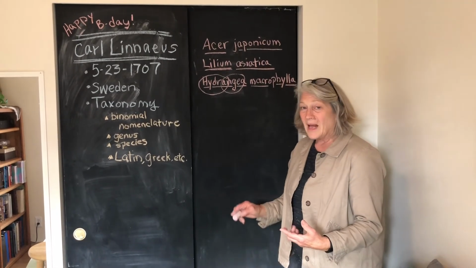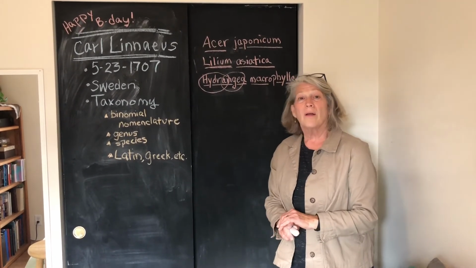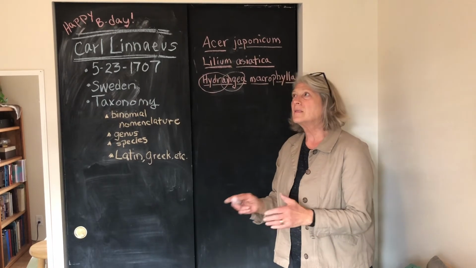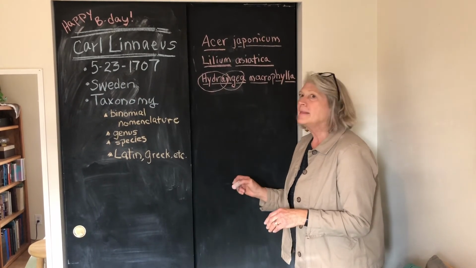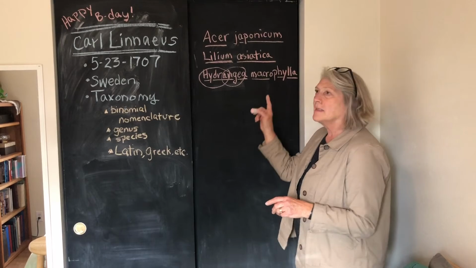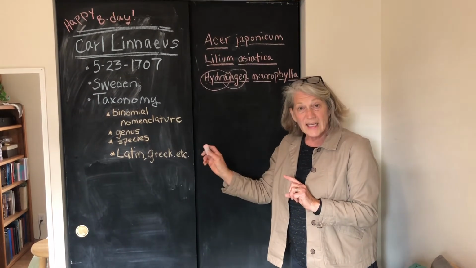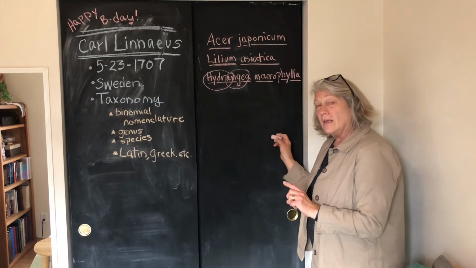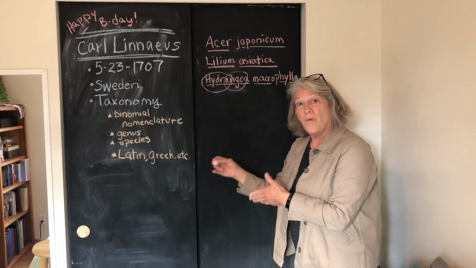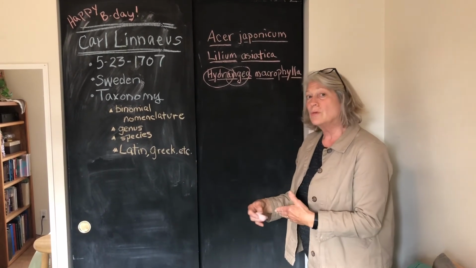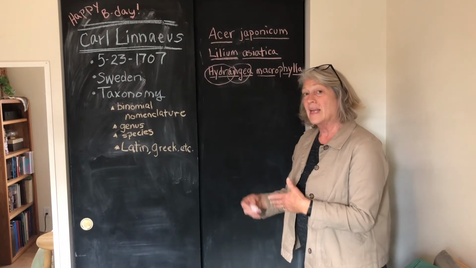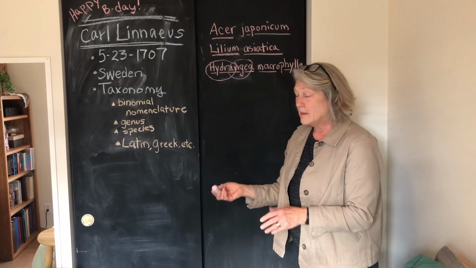It also might help you figure out where they would grow best. For instance, a plant that has the species name borealis or boreal, that means forest. So it's something that would grow naturally or natively in a forest area.